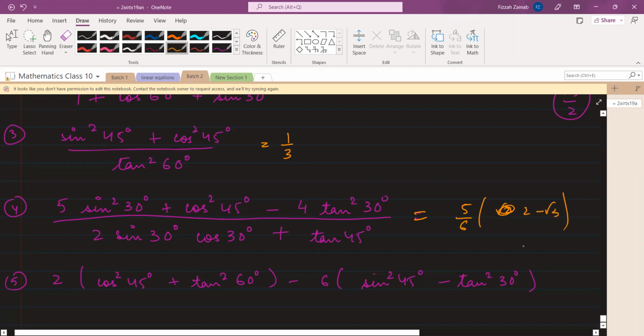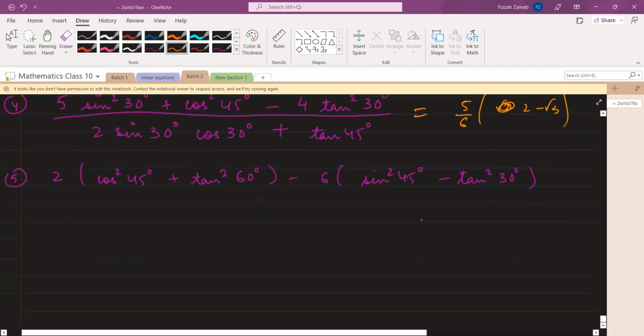I mean, this should be the answer, I think. Okay. Yeah, Eman, what about you? 5 by root 3. No, then I think I should solve it, right?